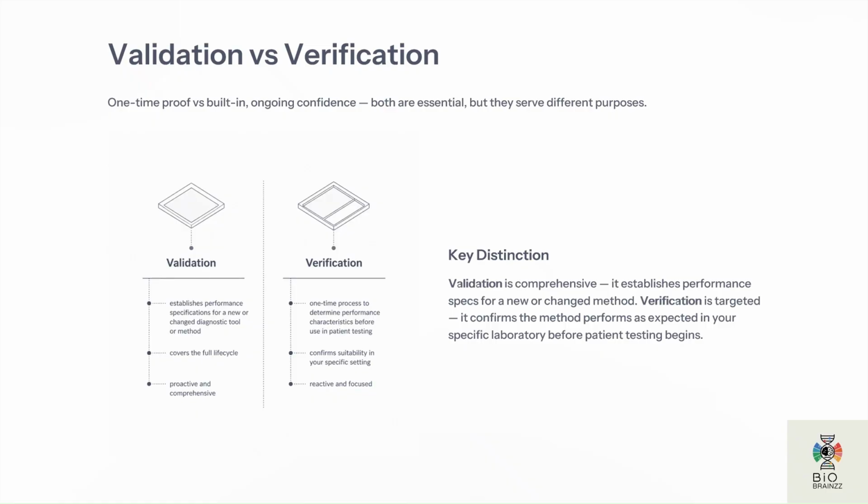It confirms that an already validated method performs properly in a specific laboratory environment. For example, a method validated by a manufacturer may still require verification before implementation in your laboratory. Validation answers: does the method work? Verification answers: does the method work properly in our laboratory? Both activities are essential for ensuring confidence in laboratory results.